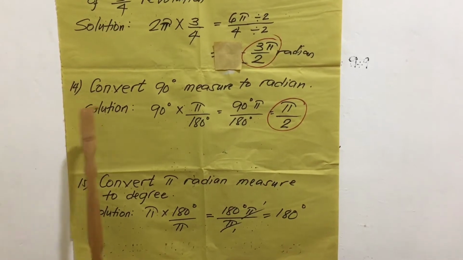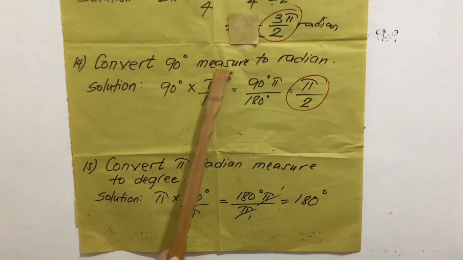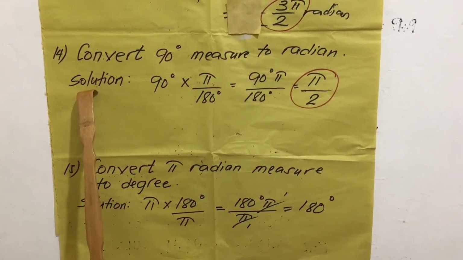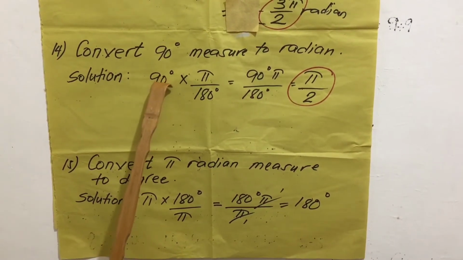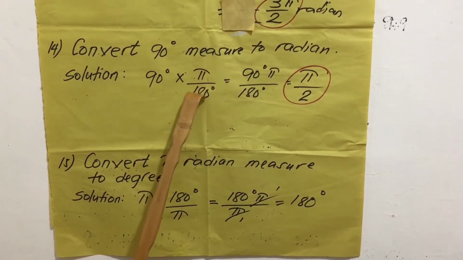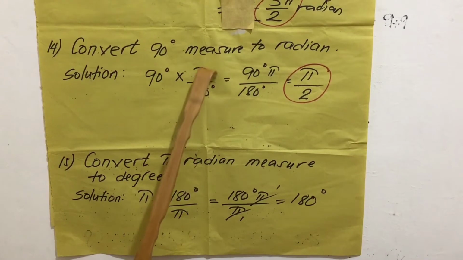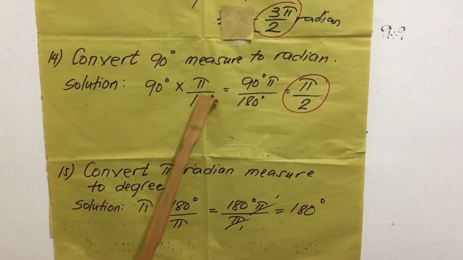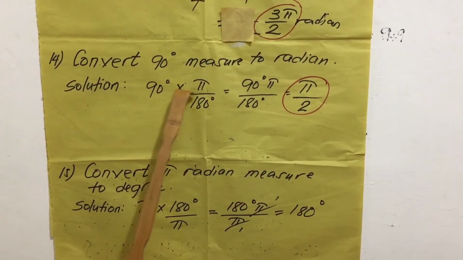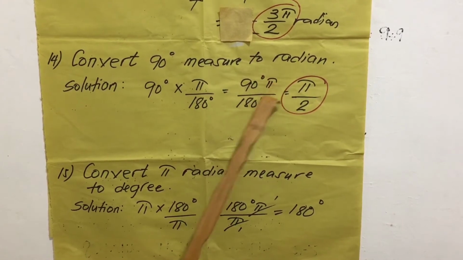Okay, number 14. Convert 90 degrees measure to radians. Our solution, 90 degrees times pi over 180 degrees. This will be our constant number to multiply. 90 degrees times pi equals 90 degrees pi over 180.